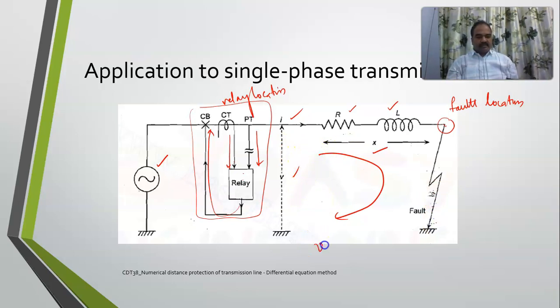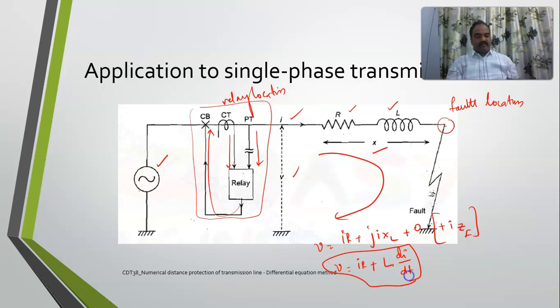V is equal to the voltage drop, which is IR plus jIXL, plus there is a direct short circuit, so I'll take it as 0. If in case there is any impedance, then I'll take it as IZ. This is the fault impedance, but in this case I am directly considering the short. So if you want to write it in the form of a differential equation, I'll directly take it as L dI by dt.